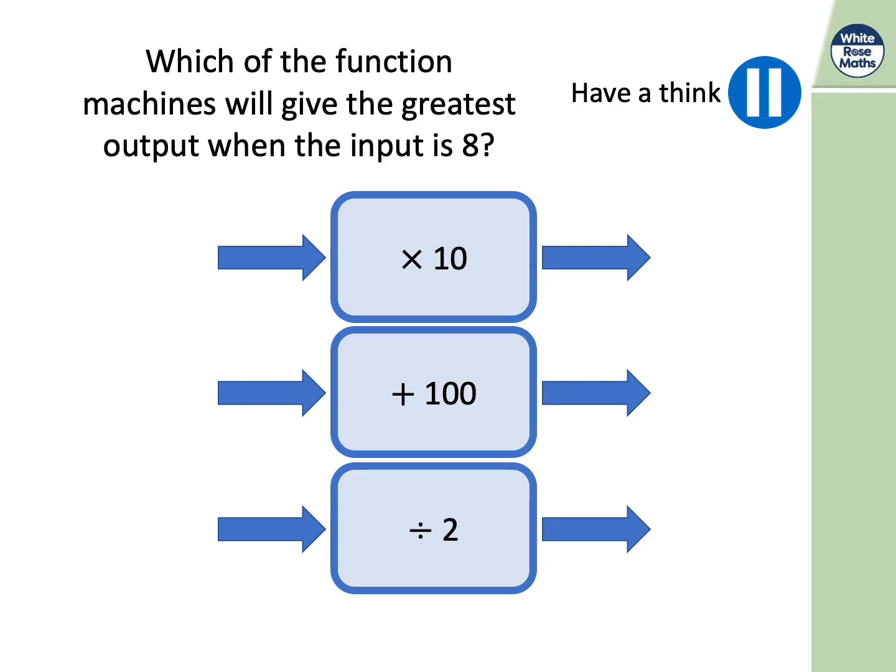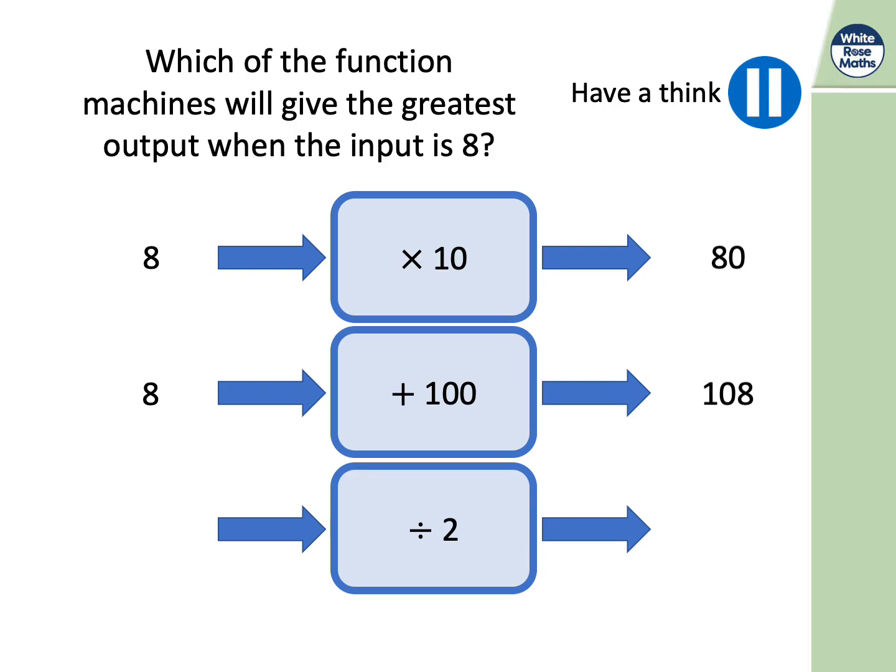Well, in each case, the input is 8, so let's have a look at these function machines in turn. For the first function machine, when the input is 8, we need to multiply 8 by 10, which is equal to 80. In the second function machine, when the input is 8, to find the output, we need to add 100. 8 add 100 is equal to 108.